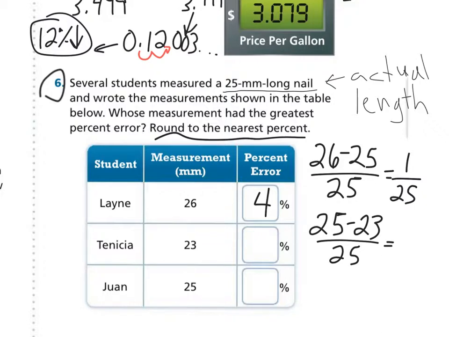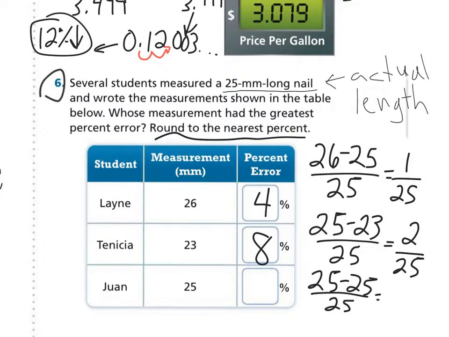So that is off by 2 over 25. That's twice as much, so that's going to be 8%. And one measured at 25 millimeters. Well, he measured it at 25 and it's actually 25. So that would be 0% error.